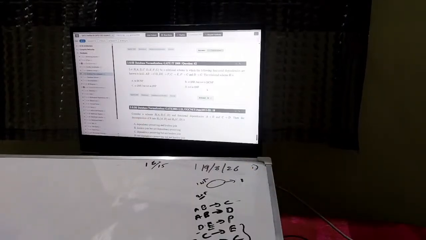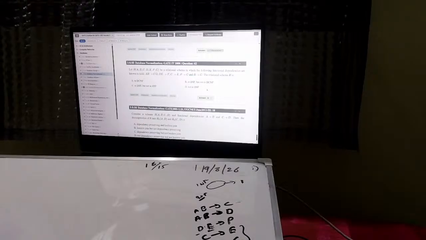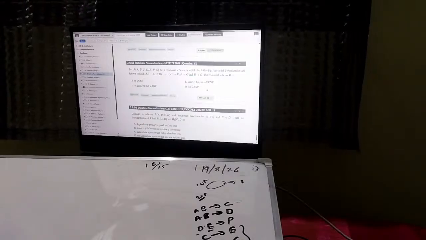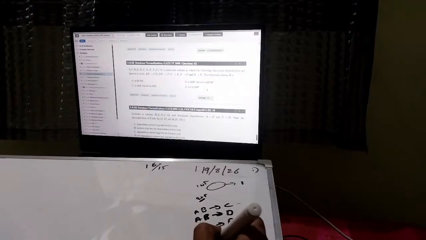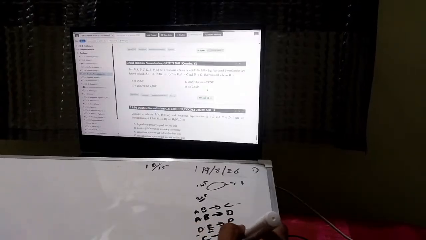Alright, so if we do D closure, you get P. P closure C. C closure E. Okay, some part is deriving, right? If you see P tends to C.